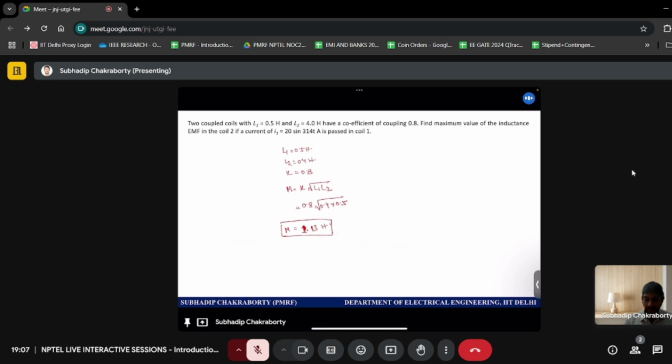And why do we need M? Because it is asking us to calculate the induced voltage. Because these two coils are coupled and I pass the current in the coil, then voltage will be induced in the other coil, right? So what is V2? V2 is M times dI1/dt.